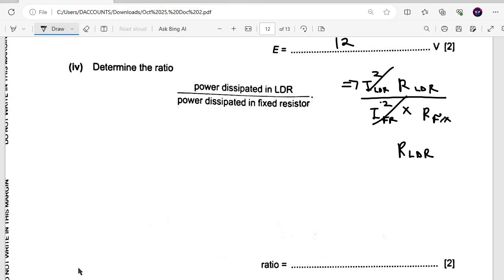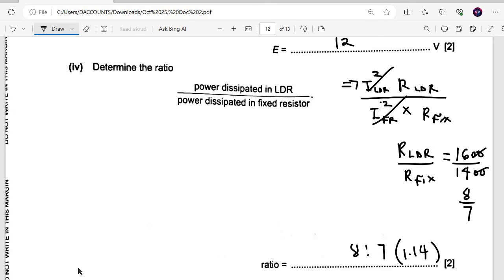The ratio is the resistance of the LDR over the fixed resistor. The resistance of the LDR is 1600, the fixed resistor is 1400. The double zeros cancel, so it's 8 over 7. The ratio is 8:7, or 8 divided by 7, which is 1.14. We get the same thing.